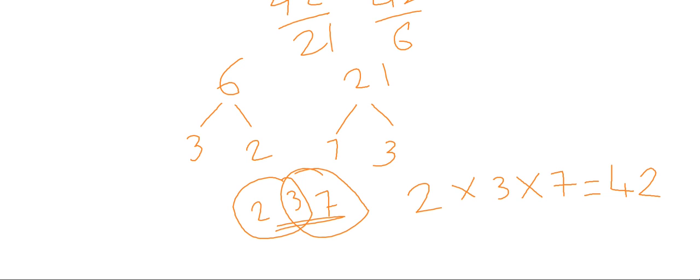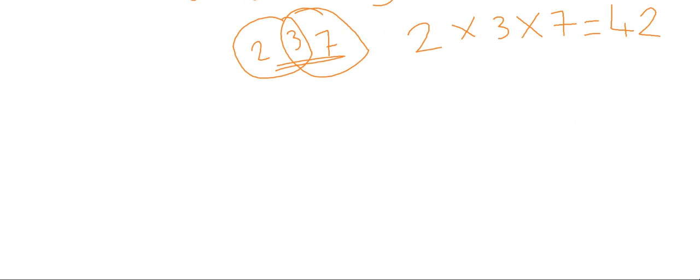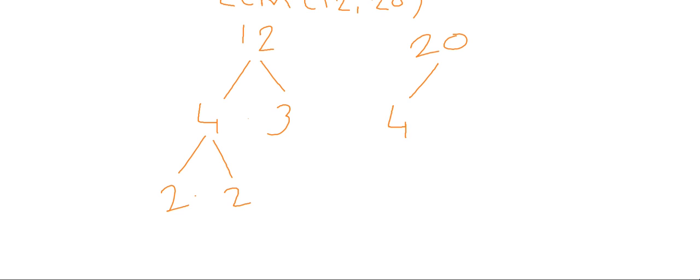Similarly, let's find the LCM for 12 and 20. So what we are going to do first? We are going to first find the factors of 12 and 20. So what are the factors of 12? 4 times 3 gives you 12. 2 times 2 gives you 4. And similarly 20: 4 times 5 gives you 20. 2 times 2 gives you 4.